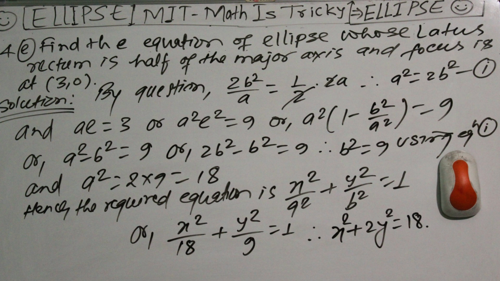Also we have the value of a square as 2b square, so we get b square equals 9 and a square equals 18. Hence the required equation of ellipse is x square by a square plus y square by b square equals 1, that is x square by 18 plus y square by 9 equals 1, that is x square plus 2y square equals 18.